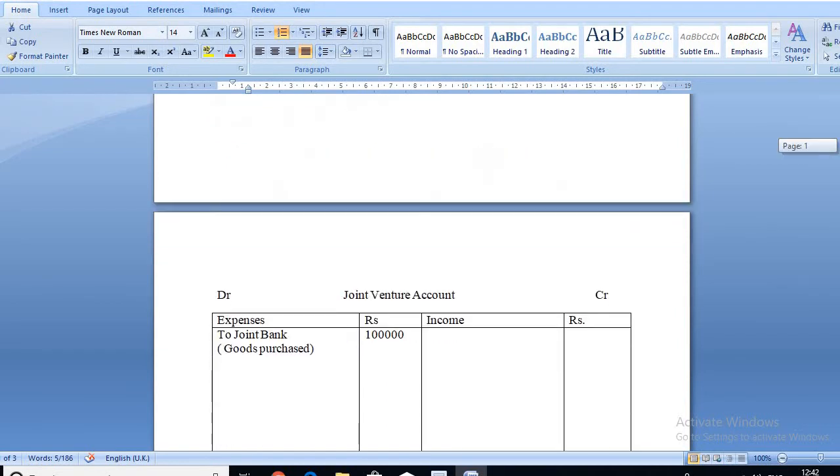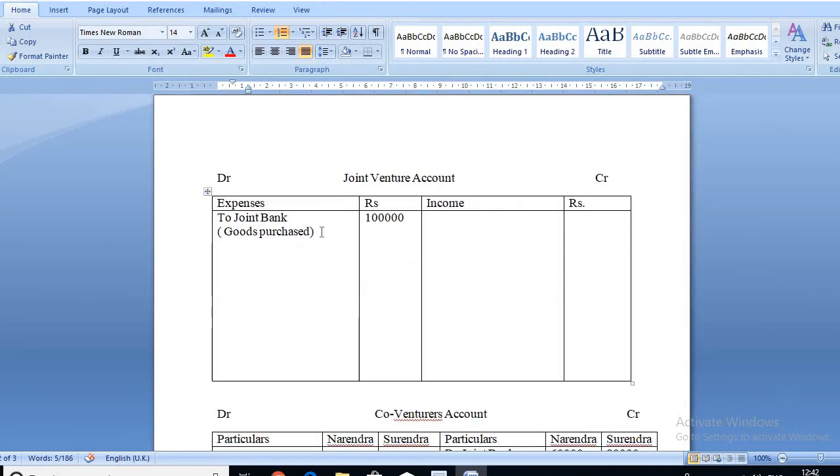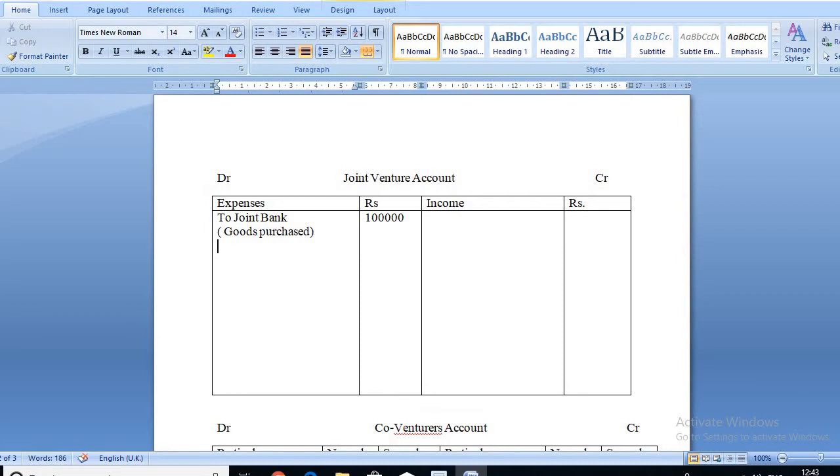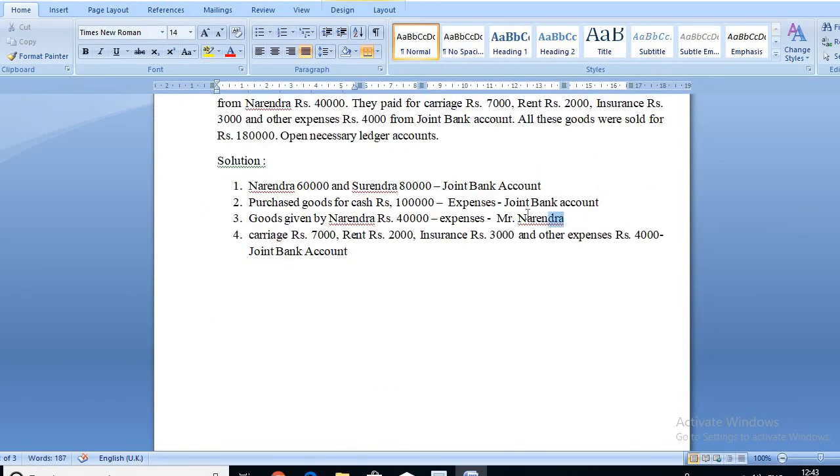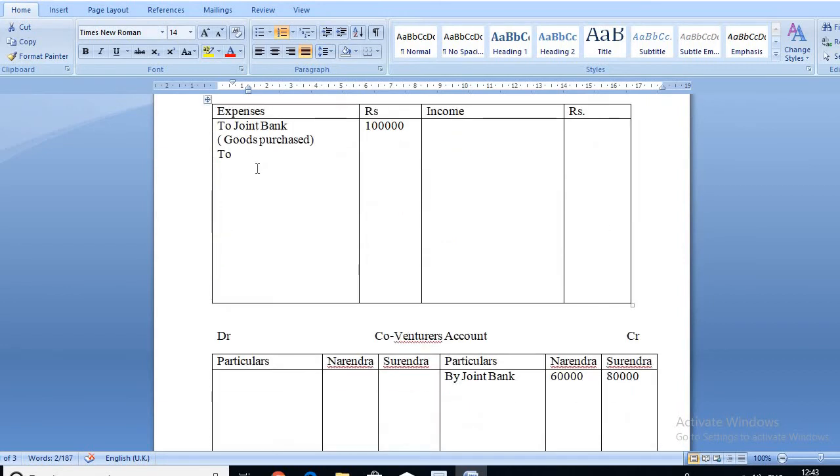So in joint venture account, expenses side, write down who made these expenses. These expenses were paid by Narendra and not the joint bank. So here to Narendra account. How much?